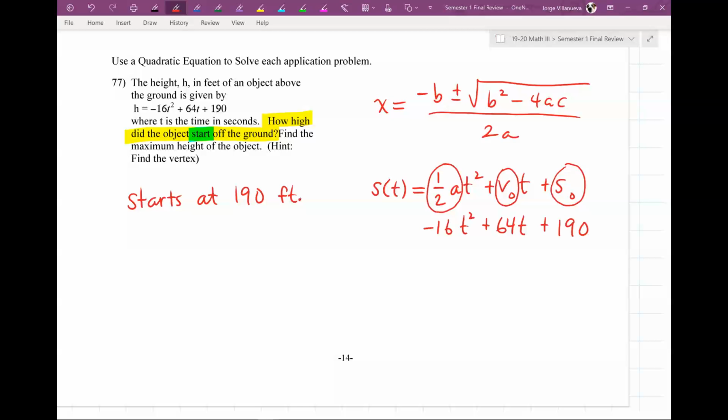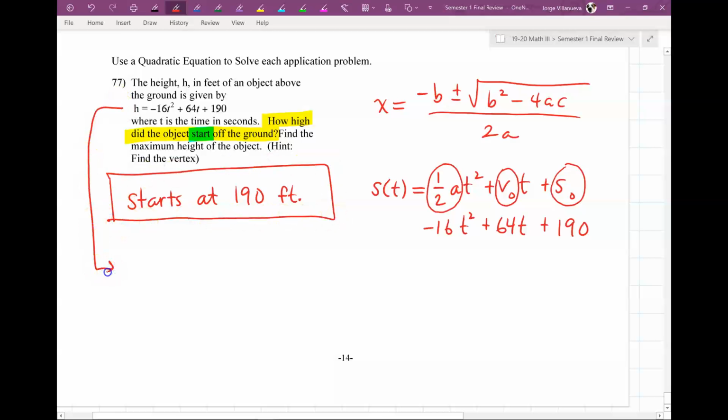It says now find the maximum height of the object. In other words, they want the vertex. They want the vertex of this problem. So this was the answer to problem A, I guess. The next one, we have to find the vertex. Since this equation is in standard form, I first have to find the axis of symmetry, and then I can find the vertex. So I'm going to use t equals negative b over 2a.